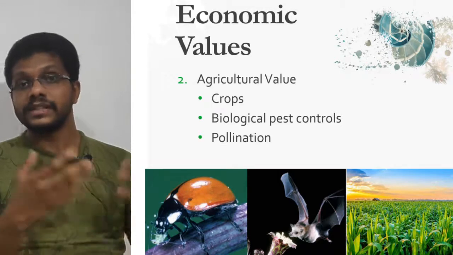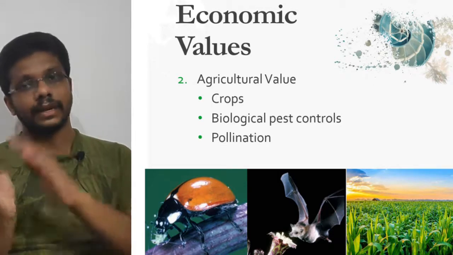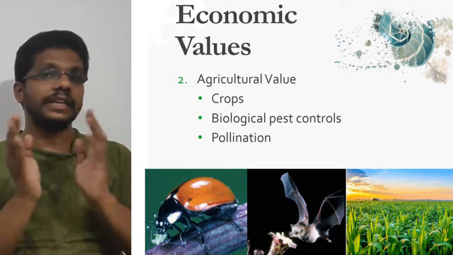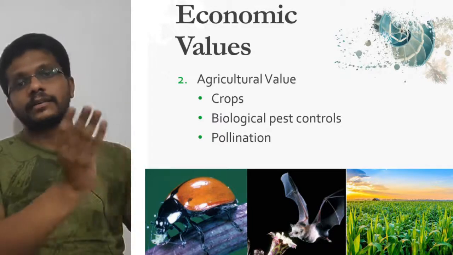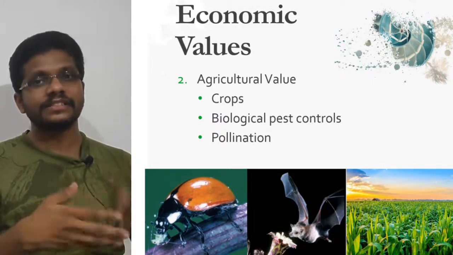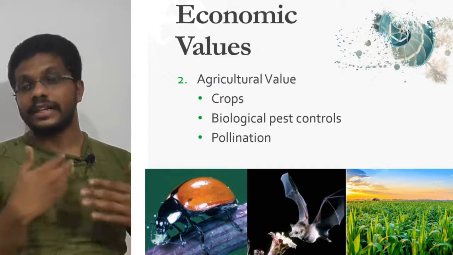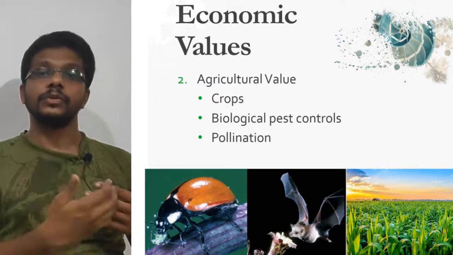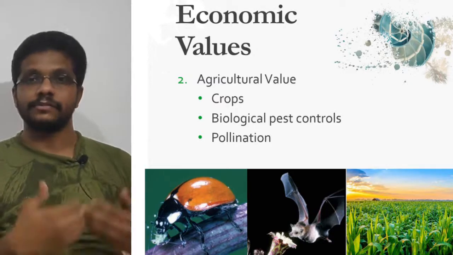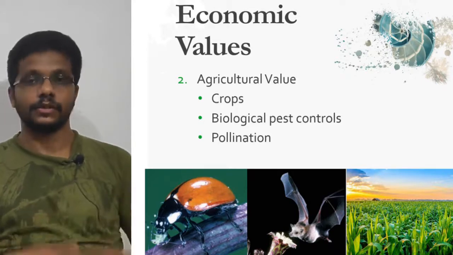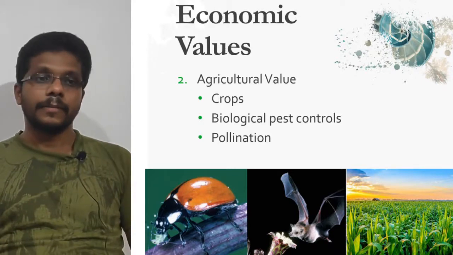So the source was the wild plants. We take these genes from the wild plants, and by breeding, we incorporate them into hybrid varieties. So we always need these wild varieties, the wild companions of these crop plants, to improve the productivity and to meet the needs of the earth.